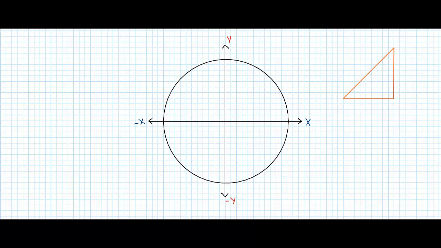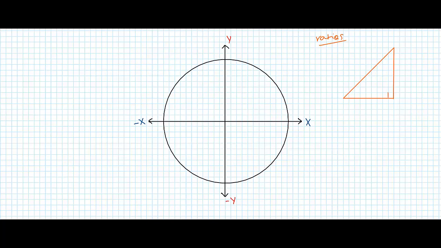Now in class 10th we have studied trigonometric ratios, okay, and let us do a small recap of that. So on the right hand side of my screen I have drawn a right angle triangle.